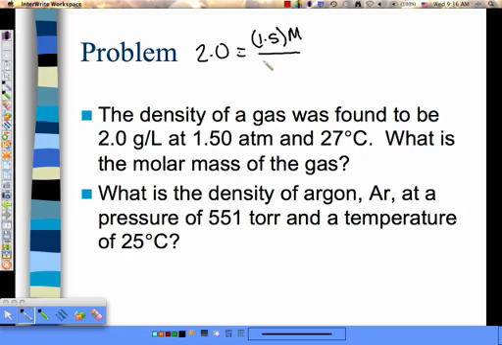And what goes on the bottom? RT, so we have 0.0821 times our temperature, which is 300. Good. So we're going to have to solve for M. You're going to take 2 times 0.0821 times 300 first, and then you'll divide by 1.5.